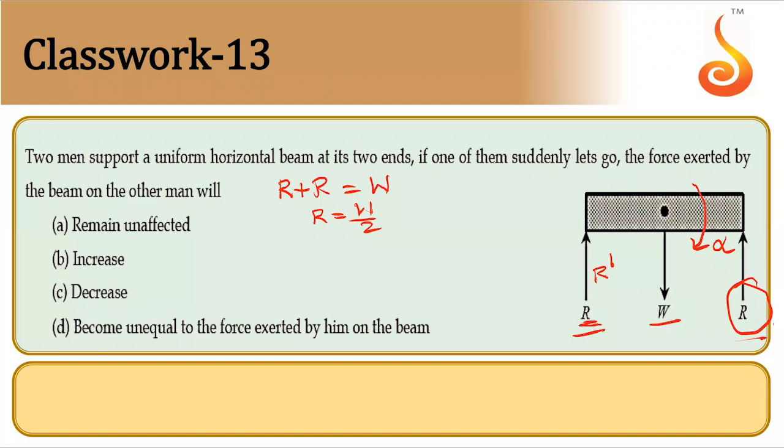So W minus R dash is equal to W by G, which will give you mass, into acceleration.